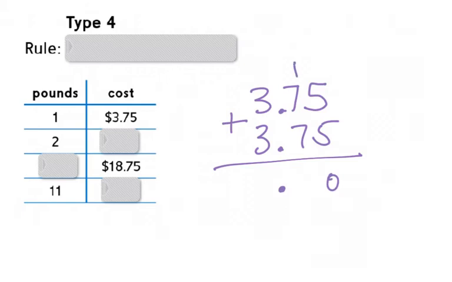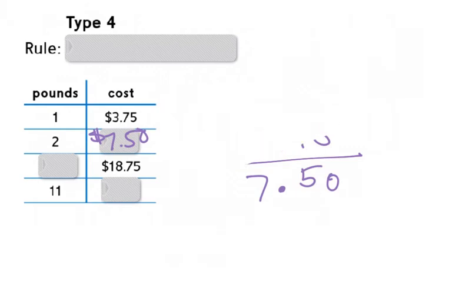I'm going to go ahead and add that. Guess what? It's $7.50. Now I'm going to skip the next one for a minute because that's the opposite direction. So instead of adding $3.75, I would have to subtract.